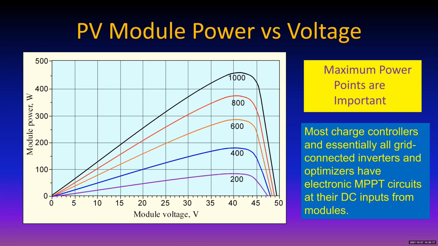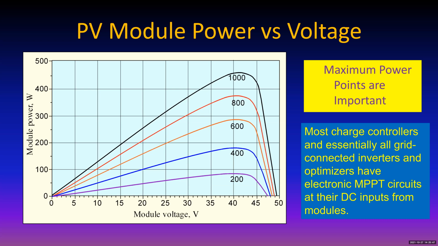They're going to be connected to an inverter or a charge controller. Most of the charge controllers and inverters have electronic maximum power point tracking circuits inside of them, and they ensure that the maximum power is being delivered from the modules to the inverter. And of course, the inverter is what converts the DC from the solar to AC, which is more useful in general.